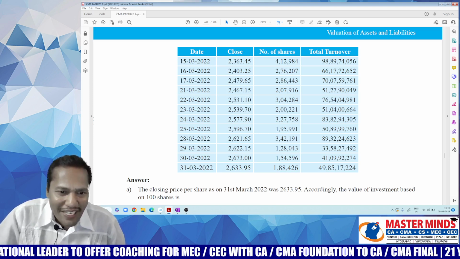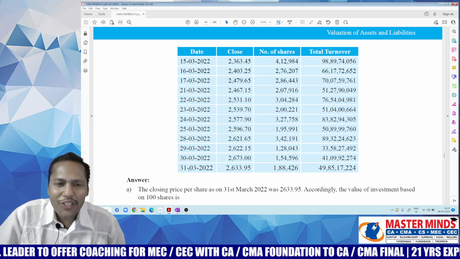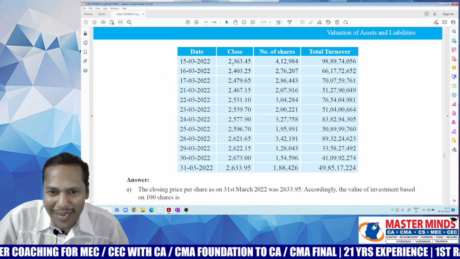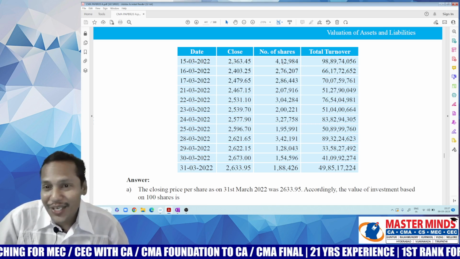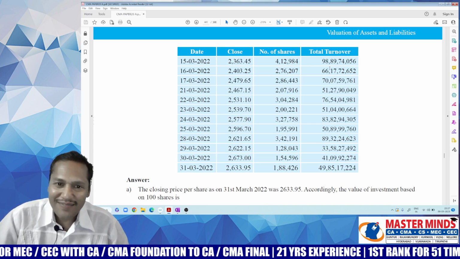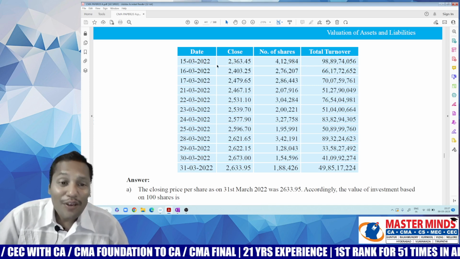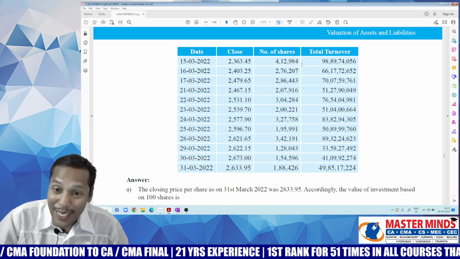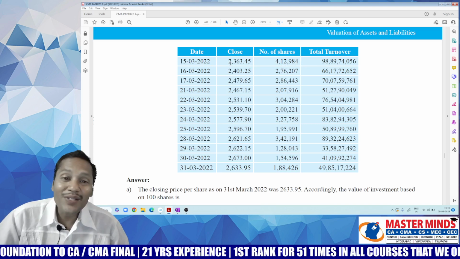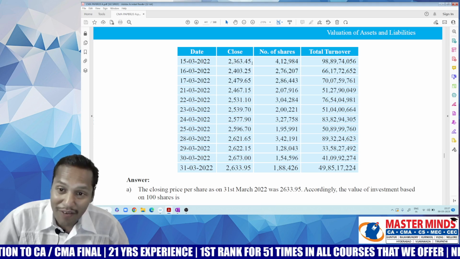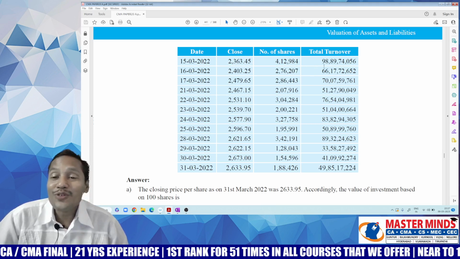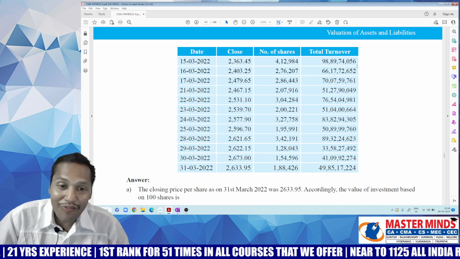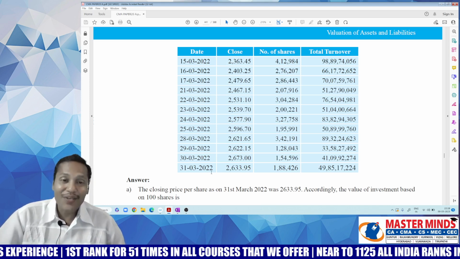From 15th March to 31st March, there are 12 trading sessions. Each day the closing price he has given and the number of shares traded he has given, total turnover. So 15th March, the number of shares traded are 4,12,984 shares and the closing price is 363.45 and total turnover comes to 98 crores 89 lakhs 74,056. Like that, 12 trading sessions he has given.